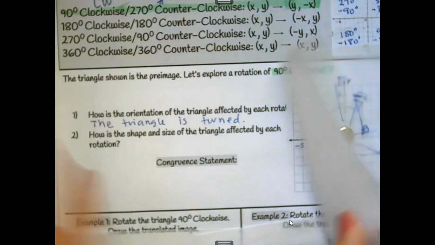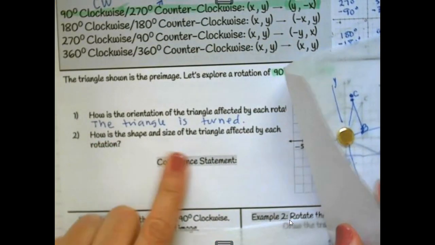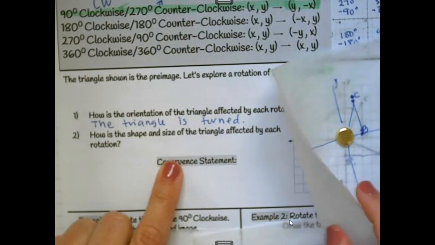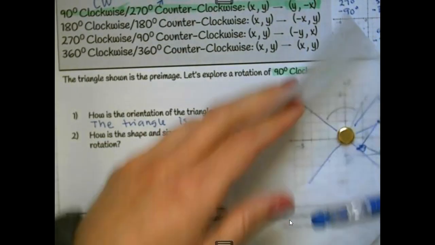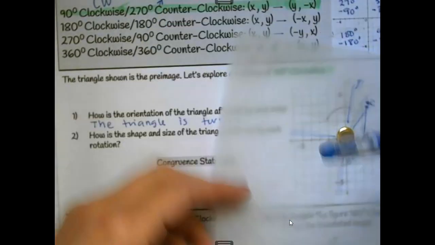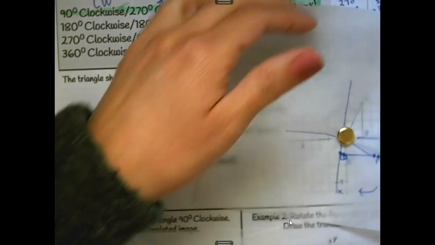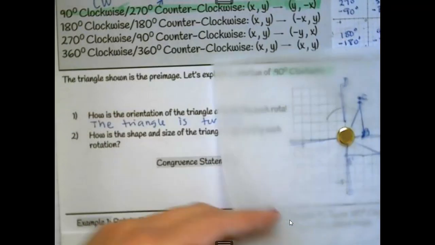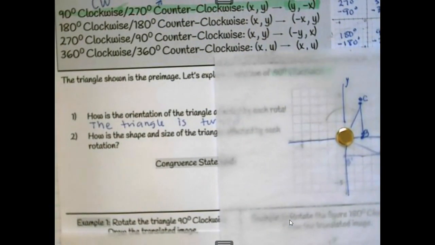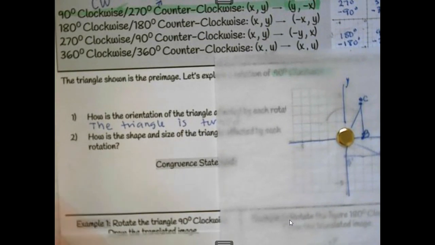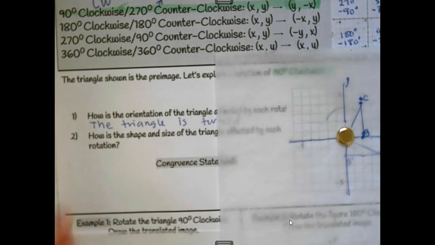All right, so next question. How is the shape and size of the triangle affected by each rotation? Well, when I made my rotation, I physically took my patty paper, I copied, you make your rotation, and then you paste it. Just like we did with the translation and the reflection, it's the same thing with the rotation. The shape and the size of the triangle are not affected.